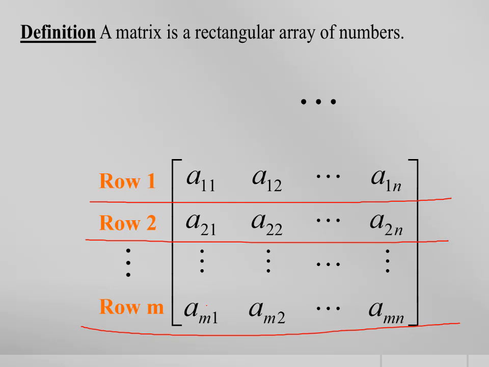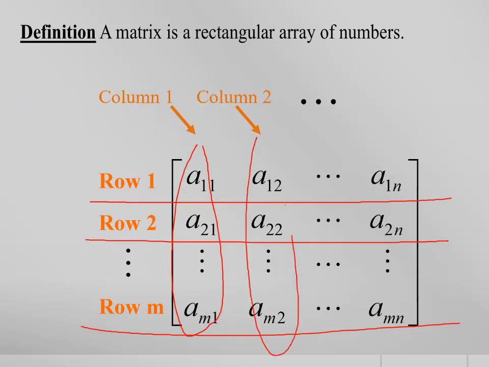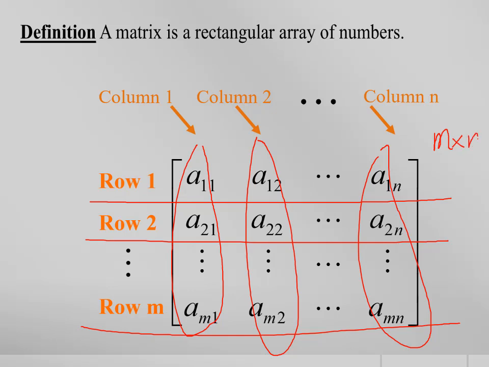How many columns here? Column 1, column 2, column 3, and so on up to column m. So this matrix has n rows and m columns, so we call it an n by m matrix.